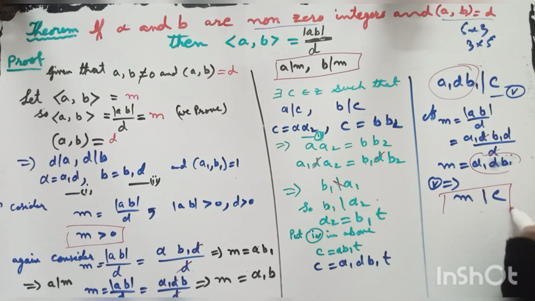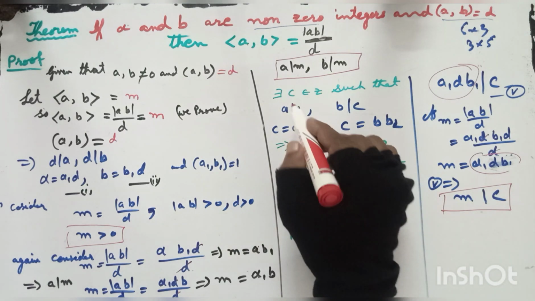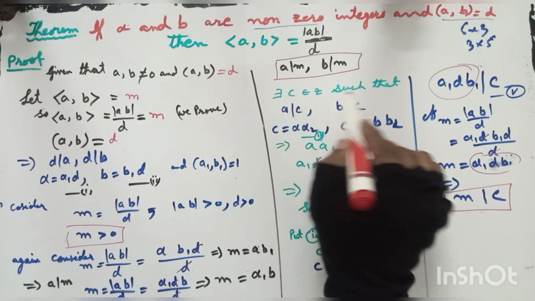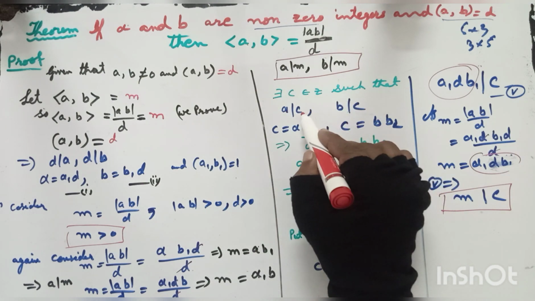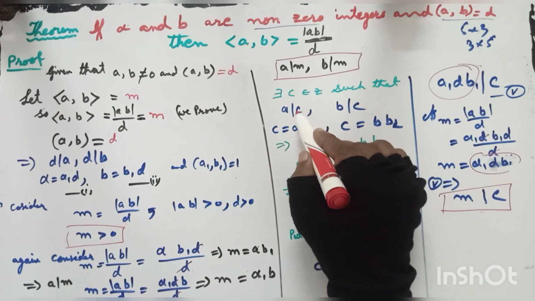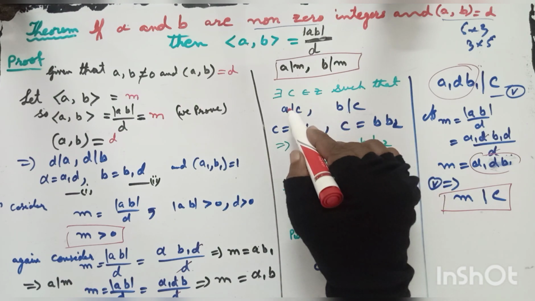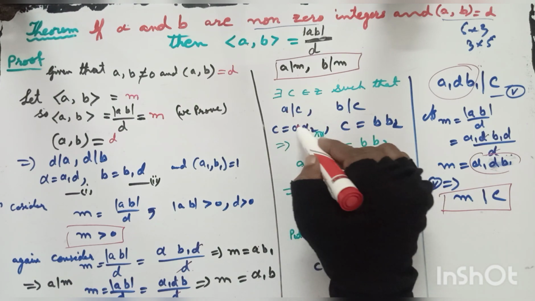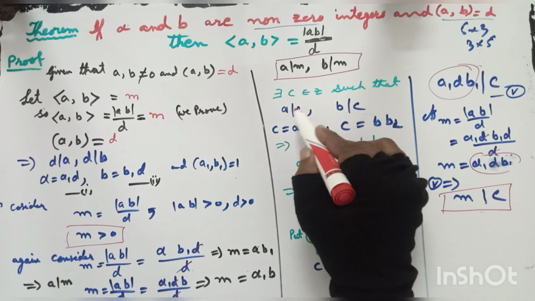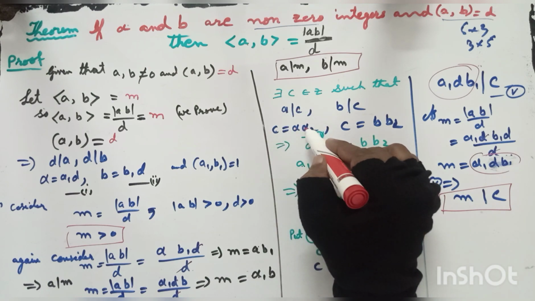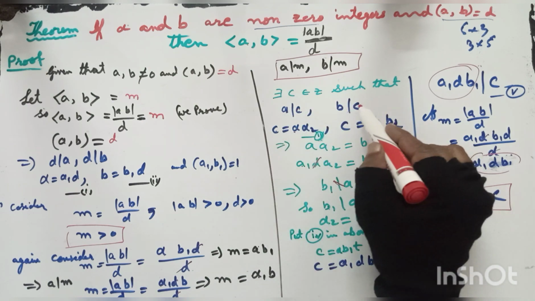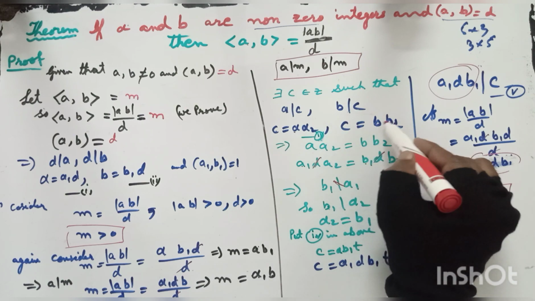Third condition is this. I consider if A divides C and B divides C, I consider a common multiple. Then C can be written as A A2. If this is divisor and this is multiple, this divides this, so C can be written as a product of two factors.